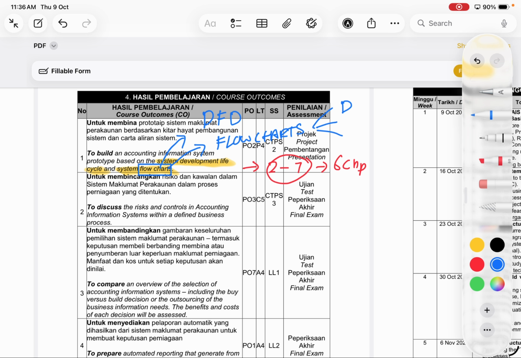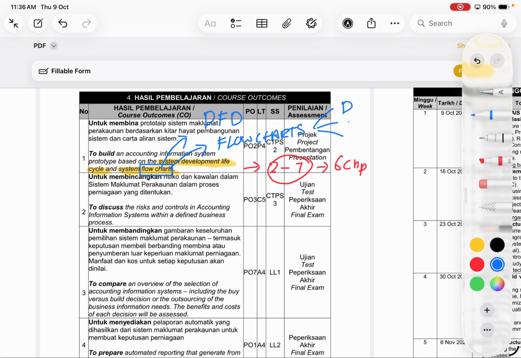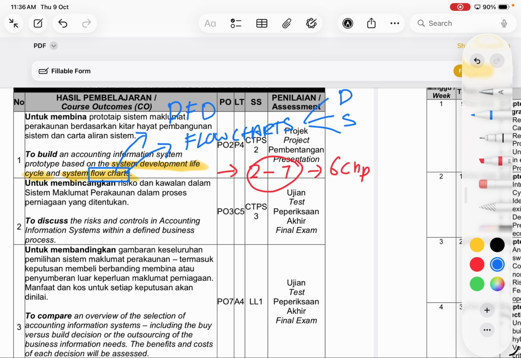Then we have the system flowcharts. System flowcharts are basically the steps, if you want to show how the software works, how the system works. First, you need to start by going into the quotation, right?